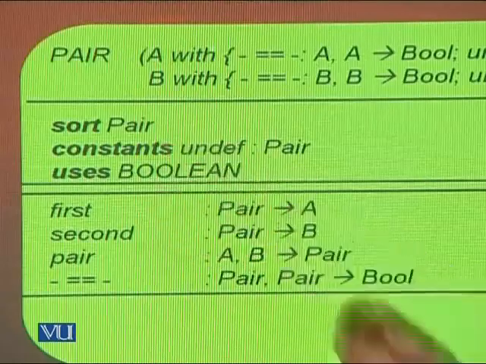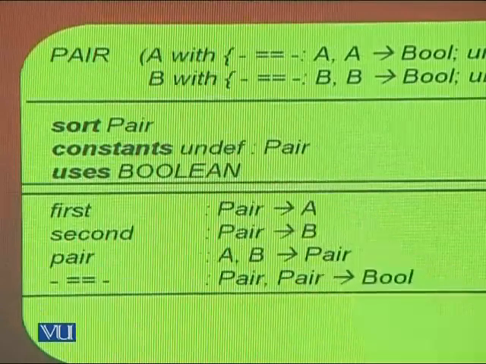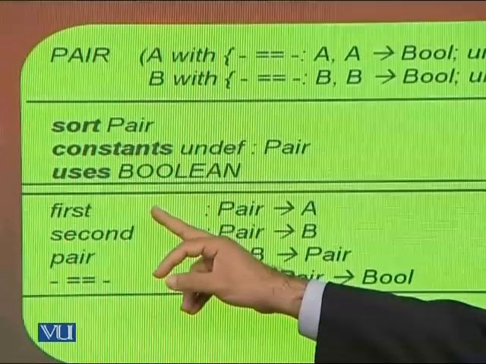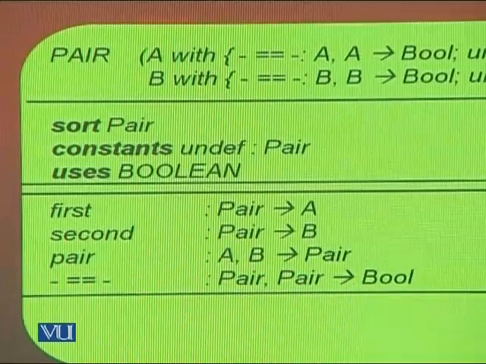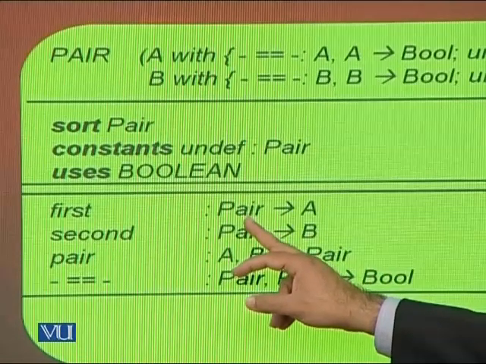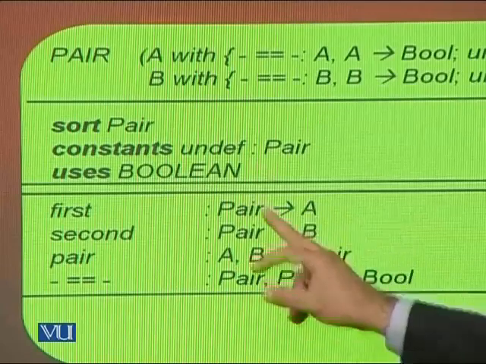So we have the usual stuff, the pair, the undef, pair, and it uses a Boolean. And we have these four functions, the first, second, pair, and this equality. So it takes the pair as an argument and it returns the first one back.